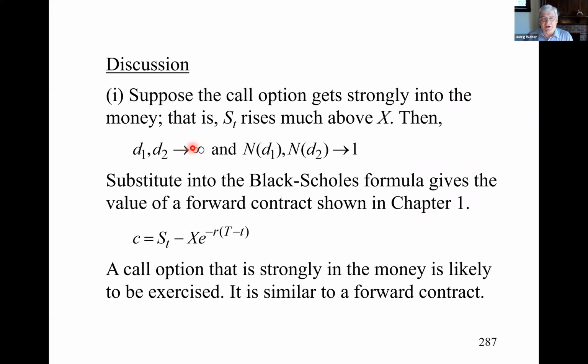Look at what happens if the option gets strongly into the money. Then it's very likely that it will be exercised. Now, with a forward contract, it must be exercised, but exercise is exercise, so that's the same. The option just becomes a forward contract.